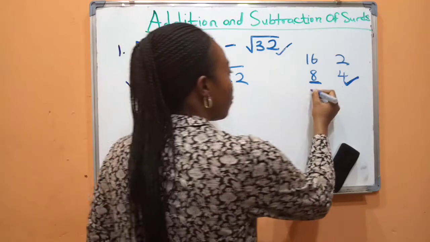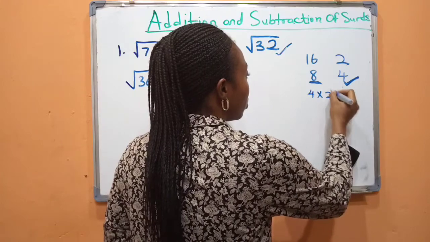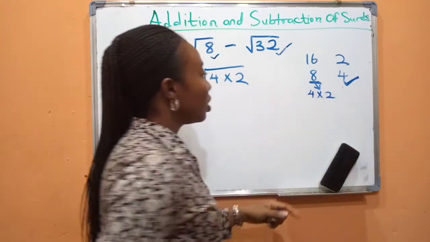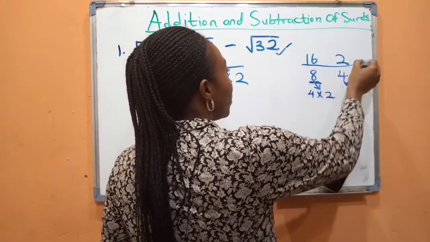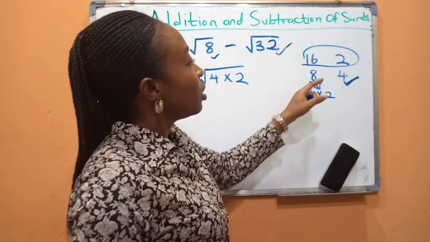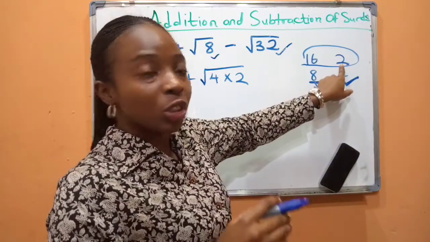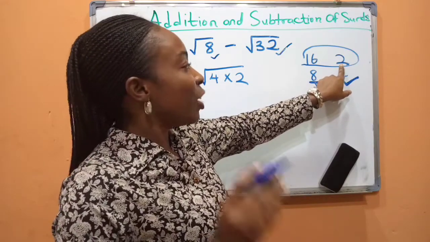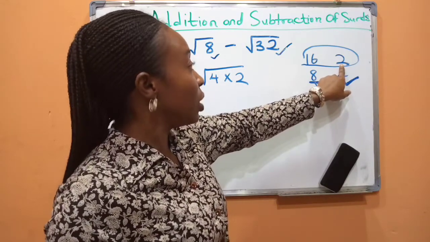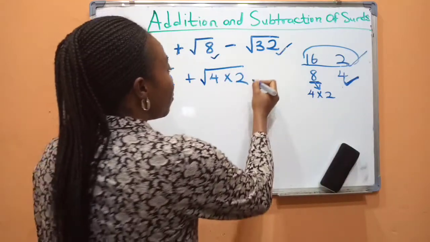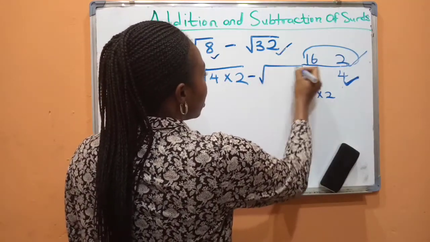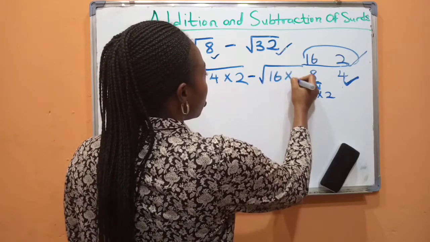We can have 4 times 8, okay, it can be further simplified, and that is not what we want. So we need a number that is a perfect square, and the second number, which is not a perfect square, cannot be further simplified. That's what we are looking out for. So that's why we are going to go with this. So we're going to have minus the root of 16 times 2.